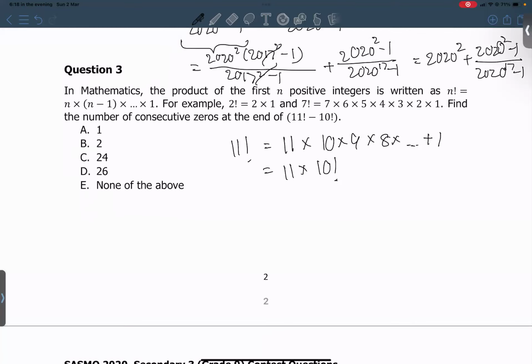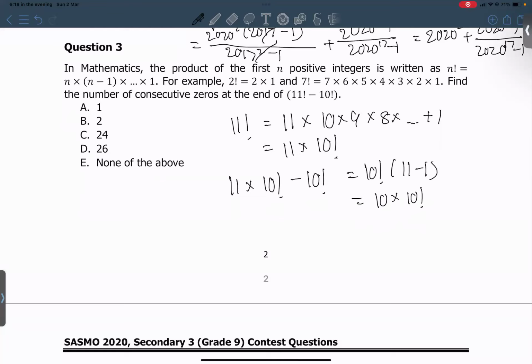So you can replace the 11 factorial in the question with 11 times 10 factorial, minus 10 factorial, which equals 10 factorial times (11 minus 1), equals 10 times 10 factorial.